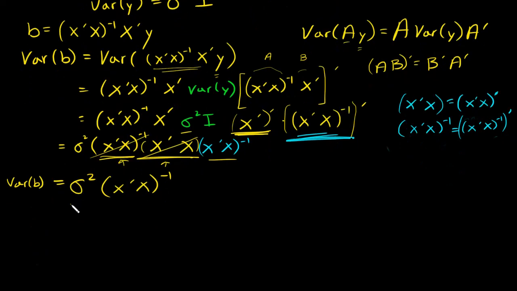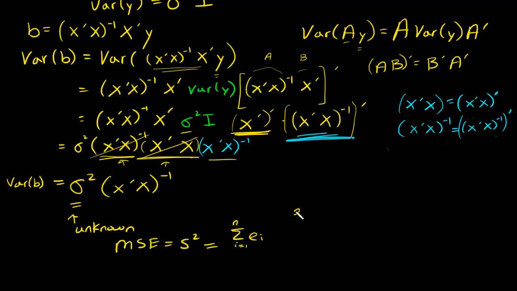And of course, sigma squared is not known. It's our model variance, so how do we estimate it? A lot of times we'll use the mean squared error, which is s squared, the sum of our model error terms squared.